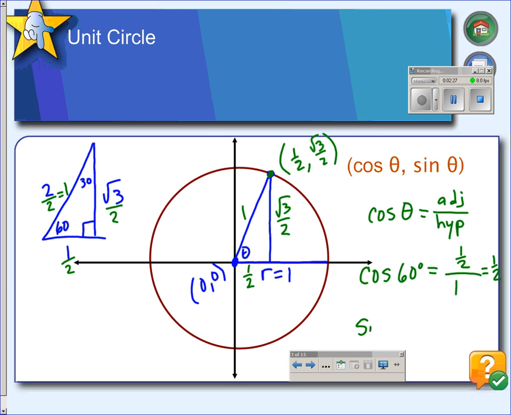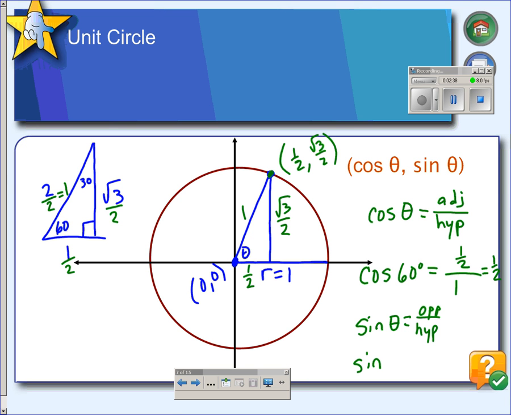The sine of an angle theta is opposite over hypotenuse. So in this picture, the sine of 60 degrees would be root 3 over 2 divided by 1. So the sine of 60 degrees is root 3 over 2. So by using a little bit of knowledge of sines and cosines and the special triangles, you can get various coordinates around the edge of the unit circle.